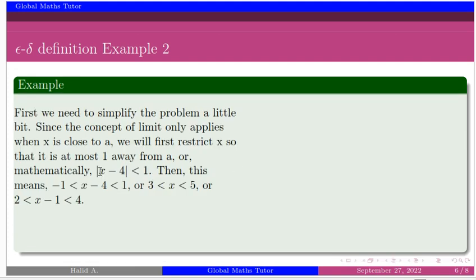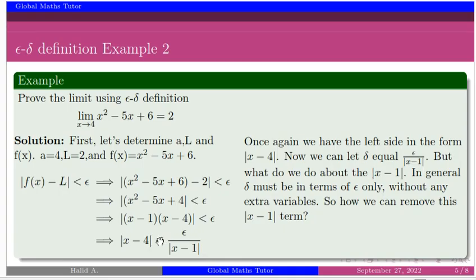After we do that, let's first restrict |x minus 4| within the range of 1. If we do that, this means minus 1 less than x minus 4 less than 1. If we add 4 to all sides, it will be 3 less than x less than 5. Now we try to manipulate the expression |x minus 1| in terms of a number.